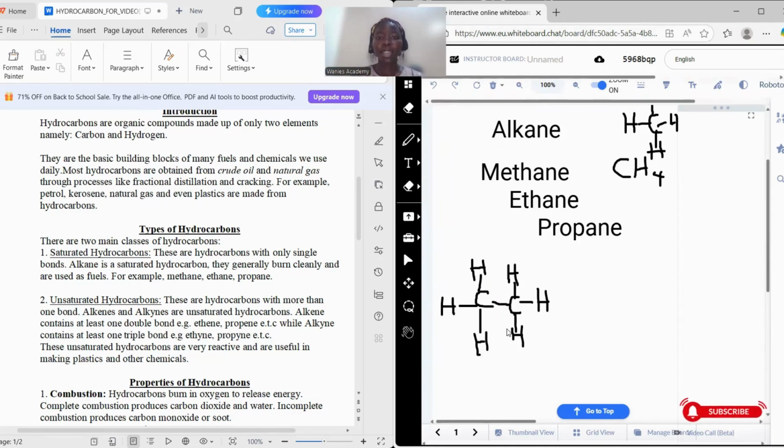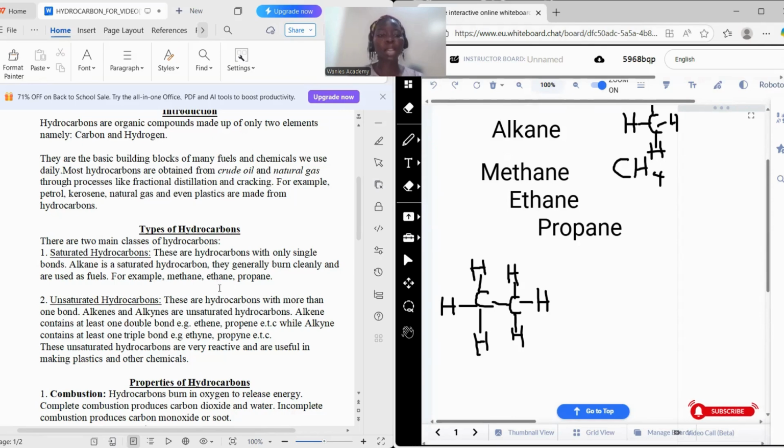The bond that exists in alkanes is a single bond. This is a single bond between the carbon atoms, and also a single bond between the carbon and hydrogen atoms. So alkanes are examples of saturated hydrocarbons.